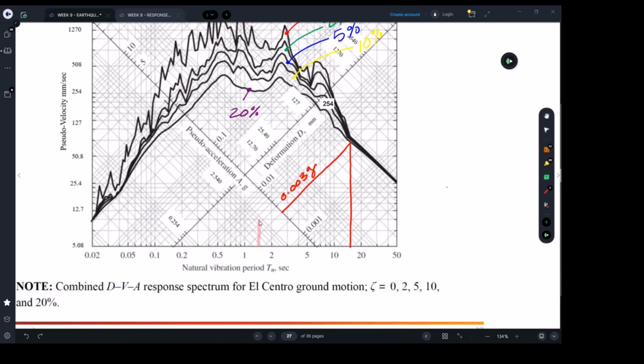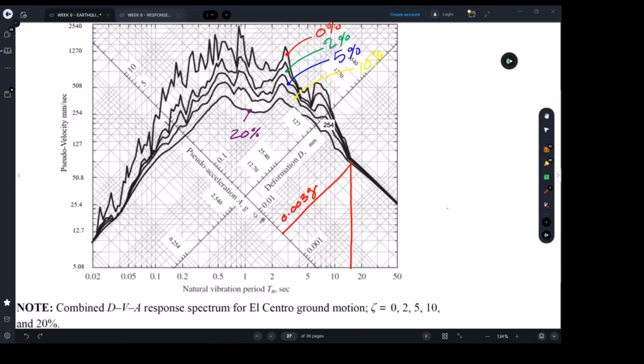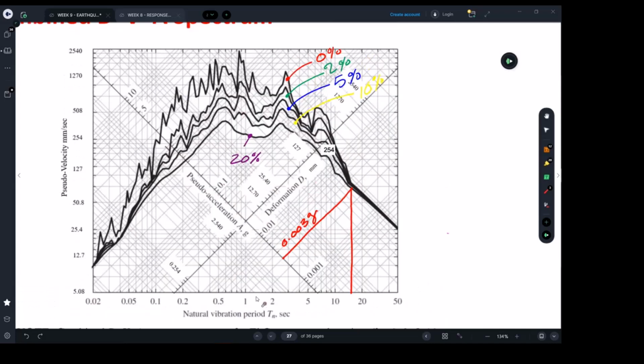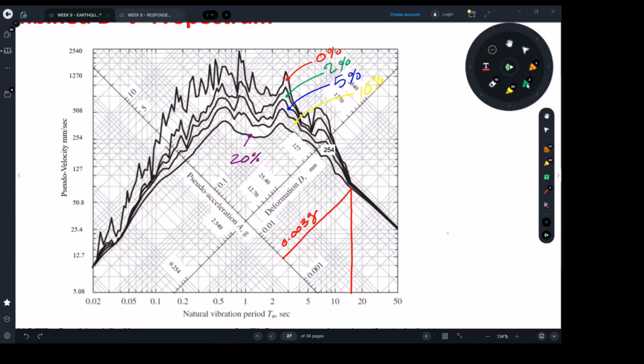Maybe somewhere here. And what was the damping again? 2%. So the green one, which is this one, is our curve. 1.5 is there.